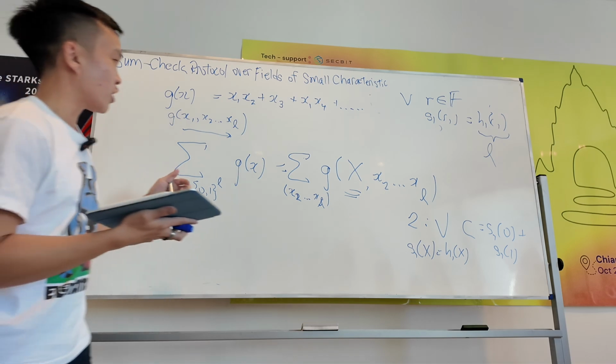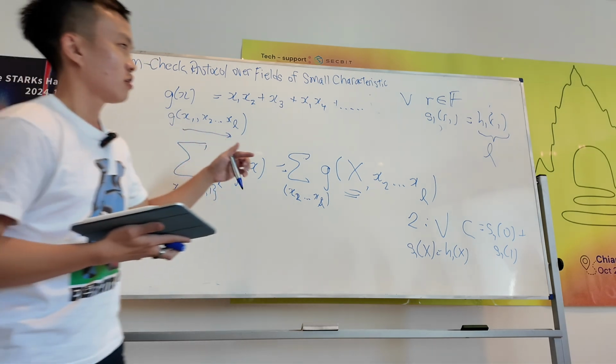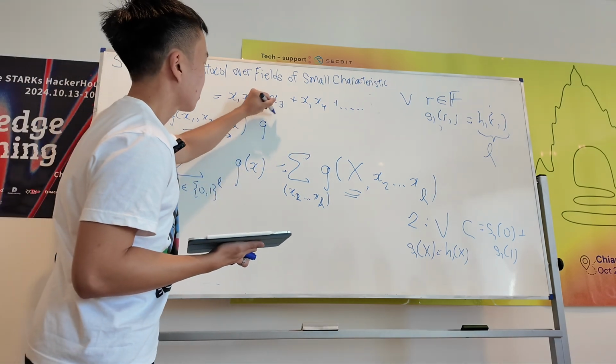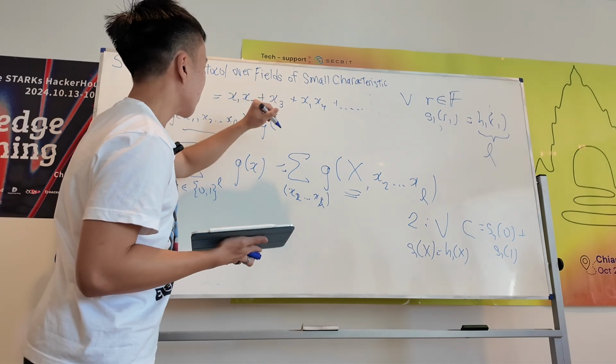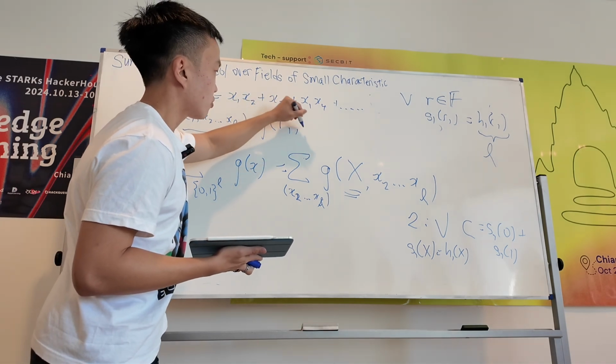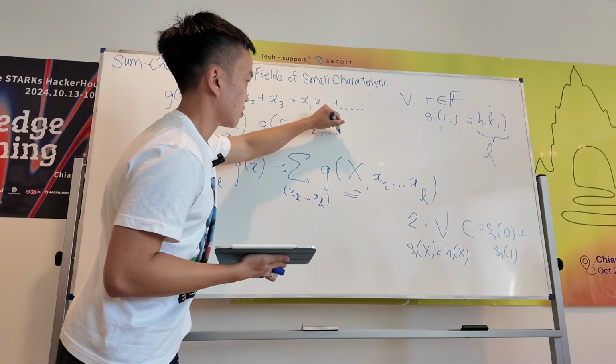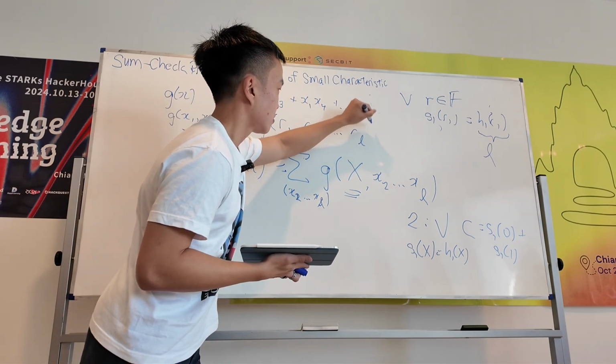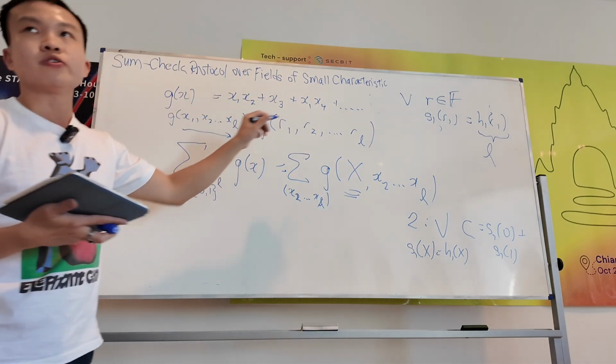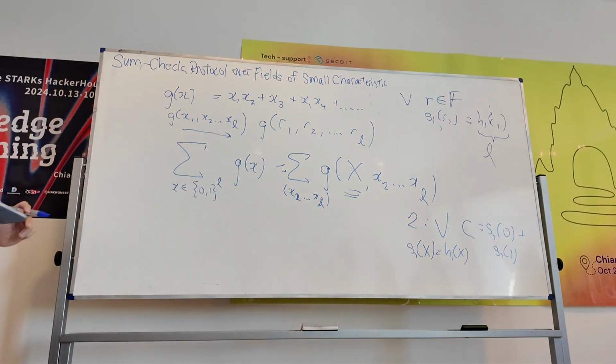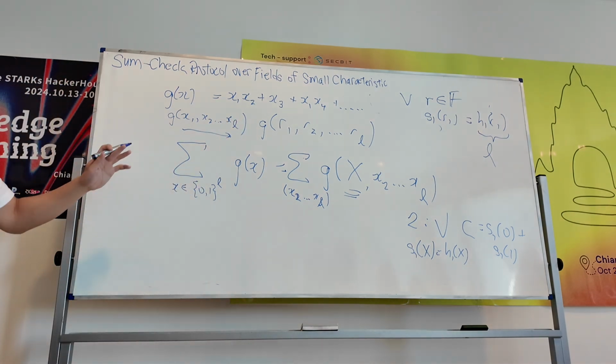So by the end of this protocol, what the verifier is evaluating is a bunch of random variables, right? And then you have all the way until RL. And all these are sampled from the field. So that's roughly a speed run of Sumcheck.